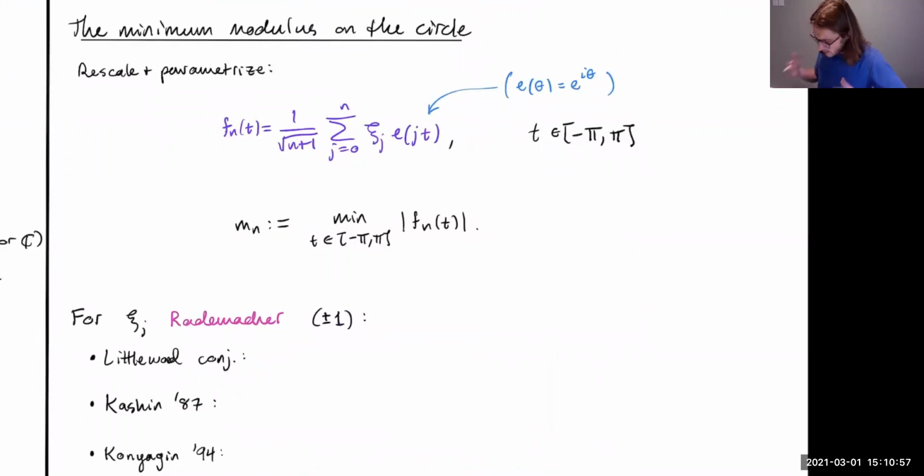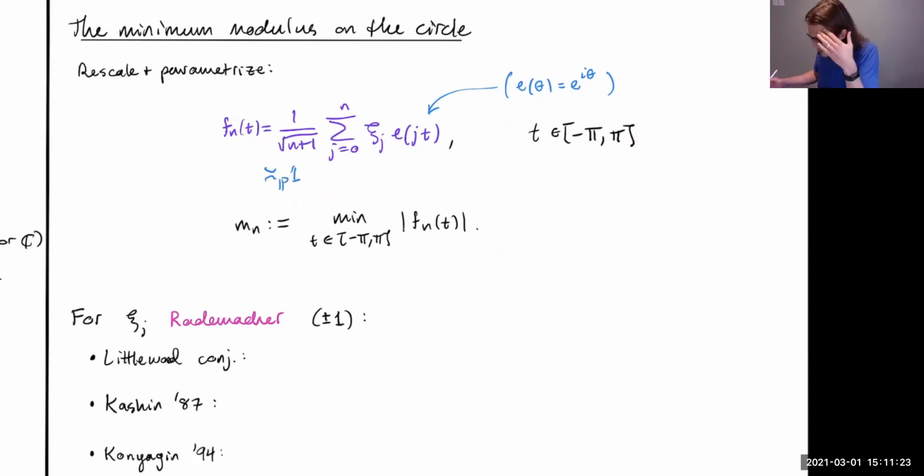Okay, so we're on the circle, so I'll reparameterize. Now it looks like a trigonometric series. I will normalize it so that at every point t it has unit variance. So this random function is of order 1 in probability at any particular point.